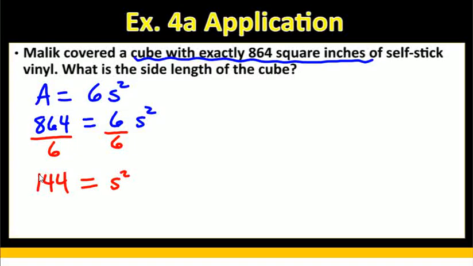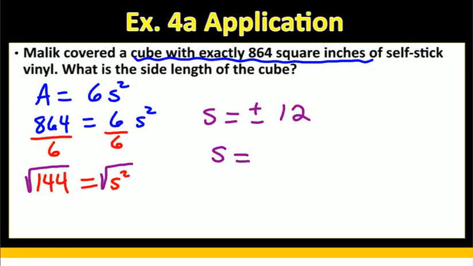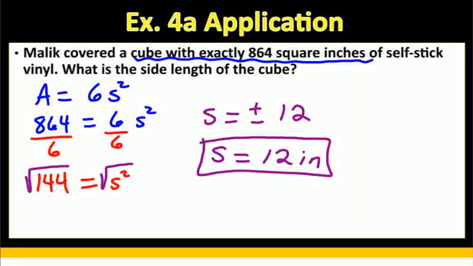To undo a square, I just need to find the square root of both sides. And so I have s equals a positive and a negative 12. But since we're finding side length, you can't have a negative 12. So the side length is only going to be a positive 12 inches. And that would be your answer.